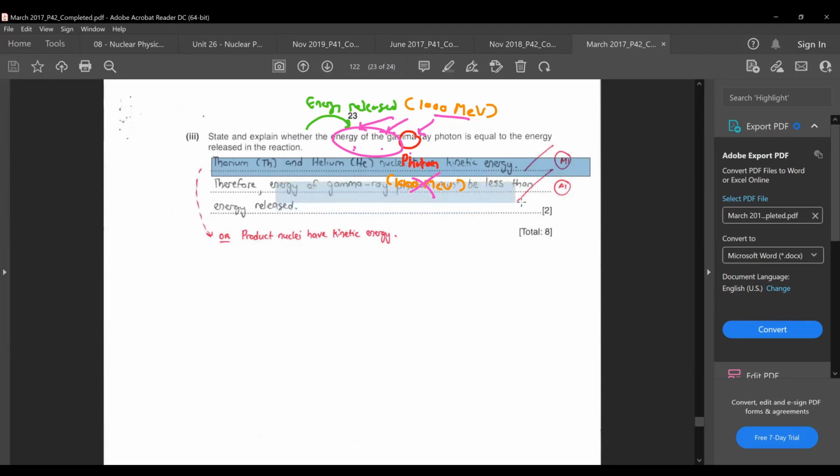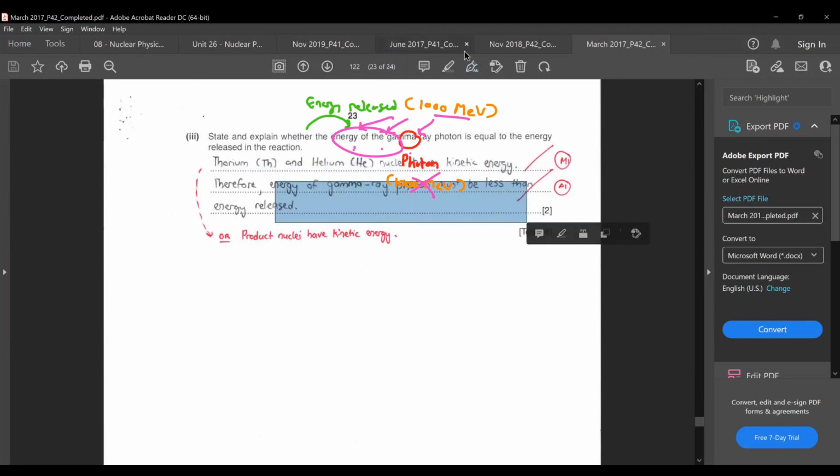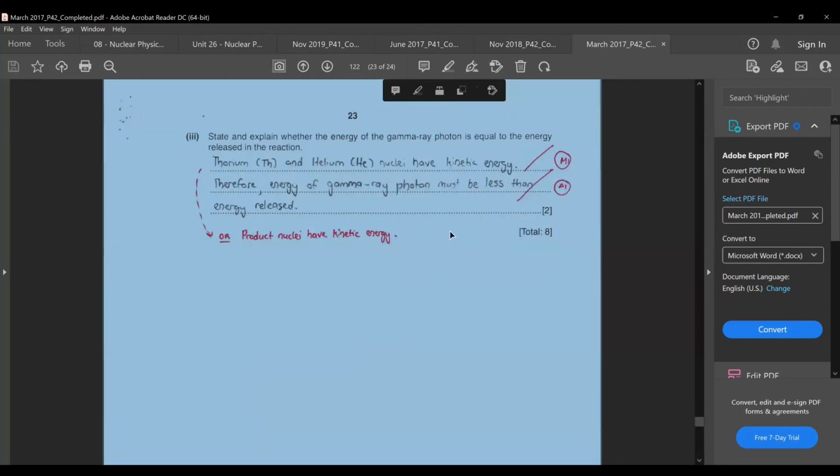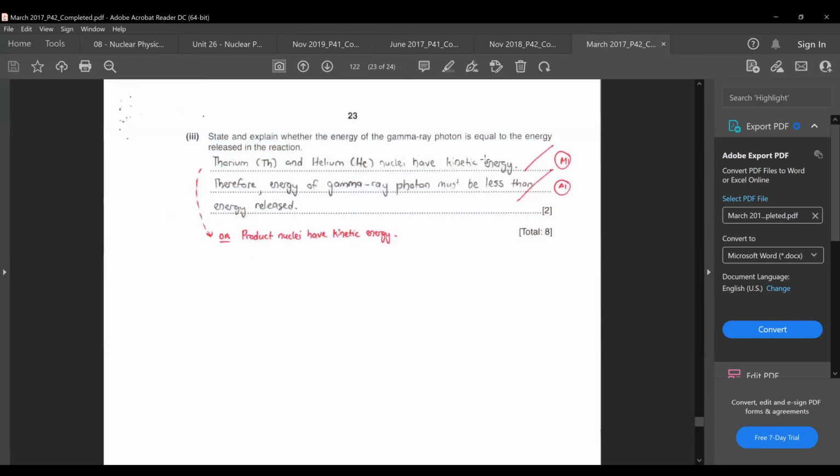Therefore, the energy of your gamma ray photon will be less than your total energy release. This is the answer. You just need to say that thorium and helium have kinetic energy, so the energy of the gamma ray photon must be less. The underlying understanding is that part of the energy must have gone to KE, so whatever your gamma ray gets will not be the total energy release.